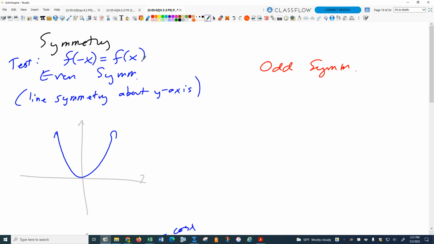Okay, what about odd symmetry? So odd symmetry is rotational symmetry about the origin.